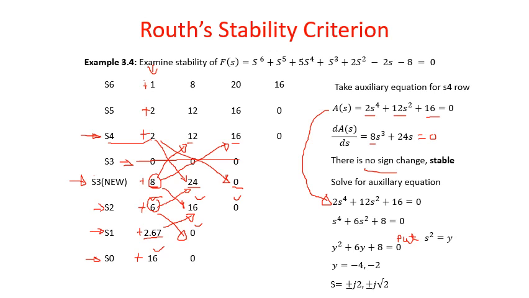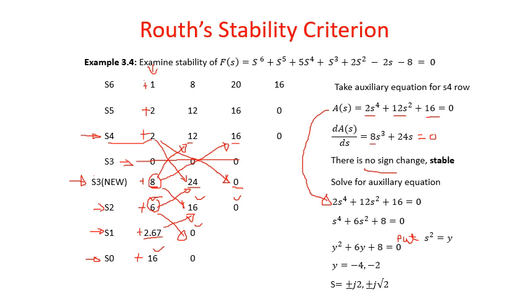So as s square is equal to y, to find out s, take the root of this. So the root of minus 4 will be plus or minus j2, and the root of minus 2 will be plus or minus j root 2.